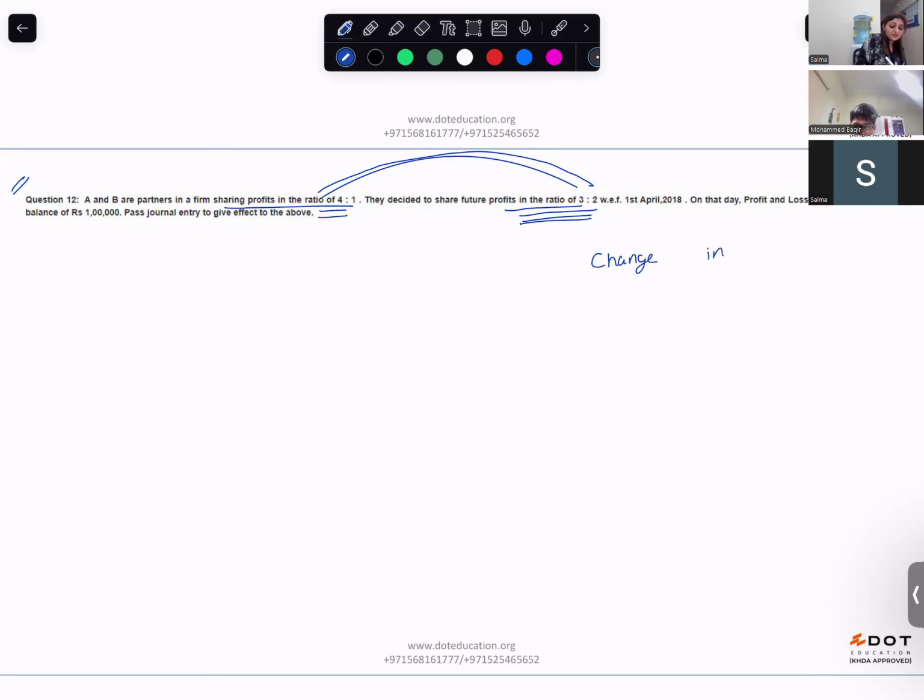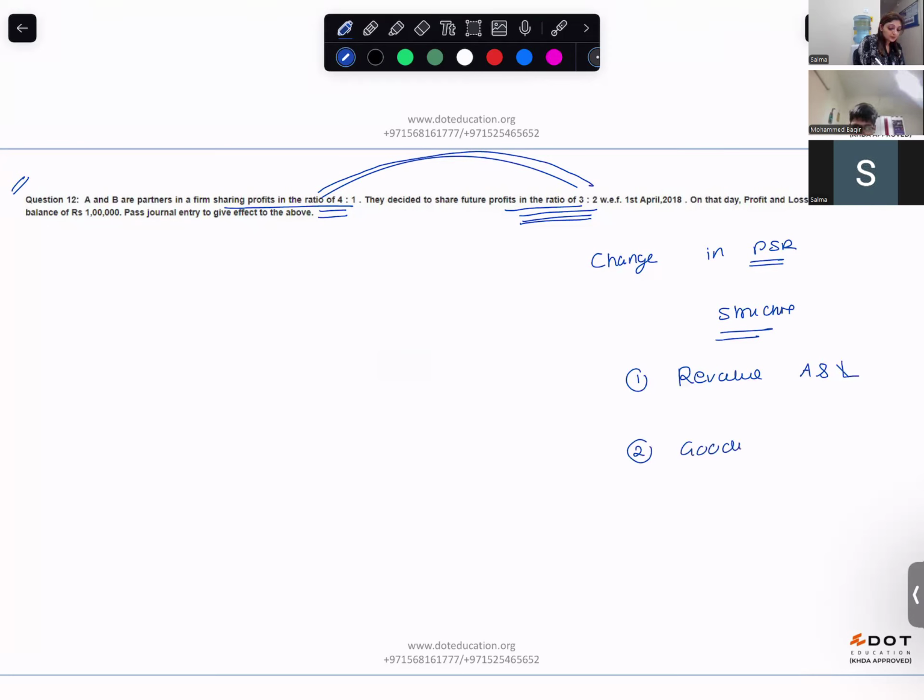If there is a change in profit sharing ratio, it means there's a change in the structure. What are the things that you usually do? We revalue the assets and liabilities. What is the next thing that you do?